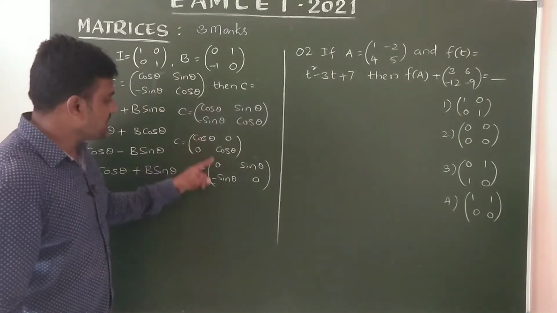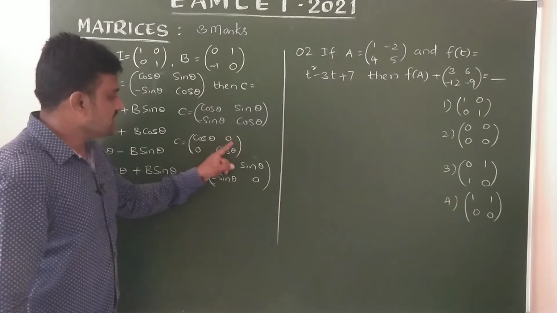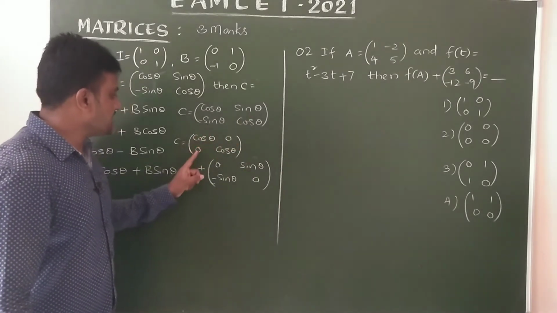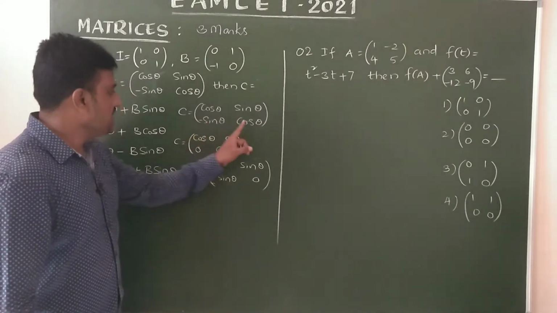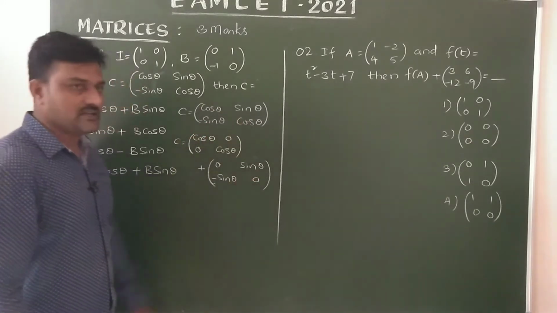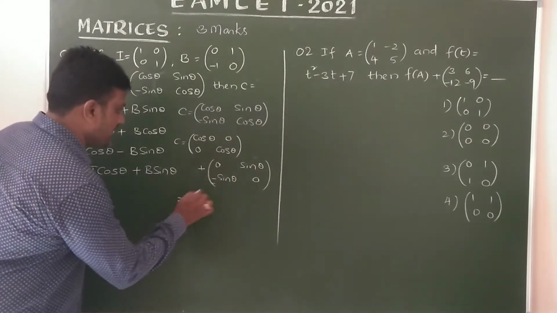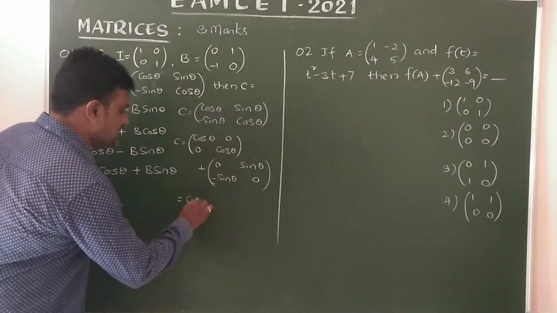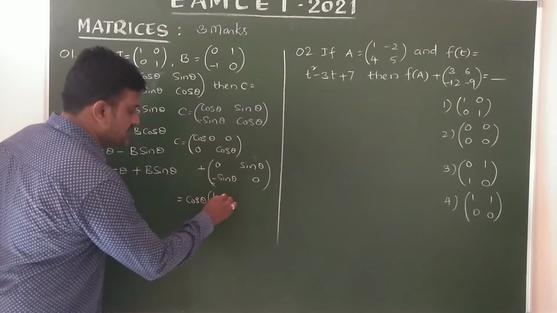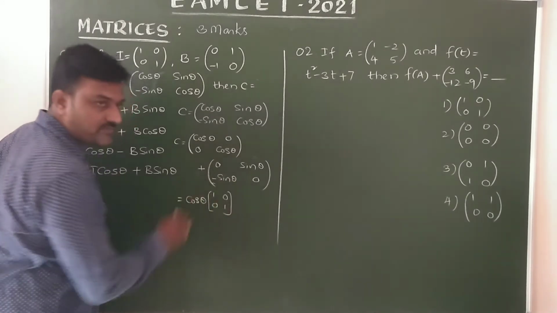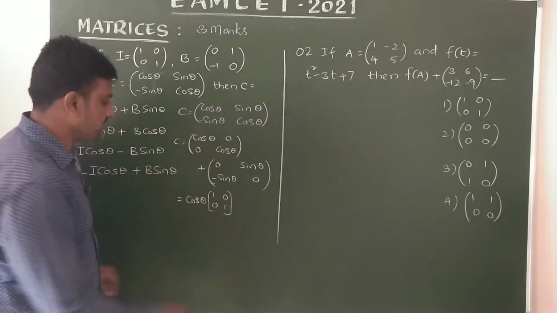Now it is cos theta plus 0 is cos theta, 0 plus sin theta is sin theta, minus sin theta plus 0 is minus sin theta, cos theta plus 0 is cos theta. Now suppose cos theta is common from there, so [1, 0; 0, 1] is left.